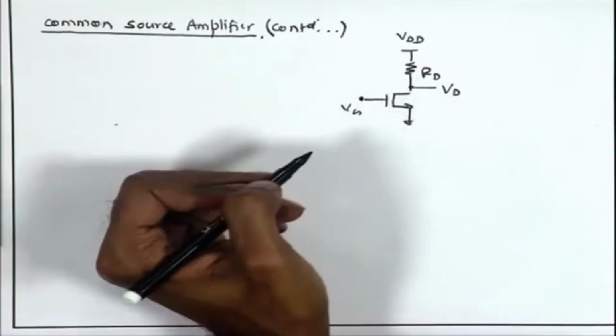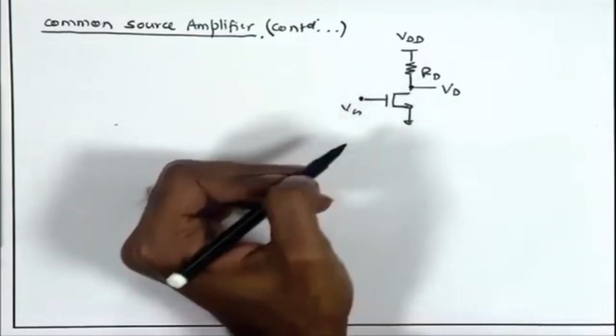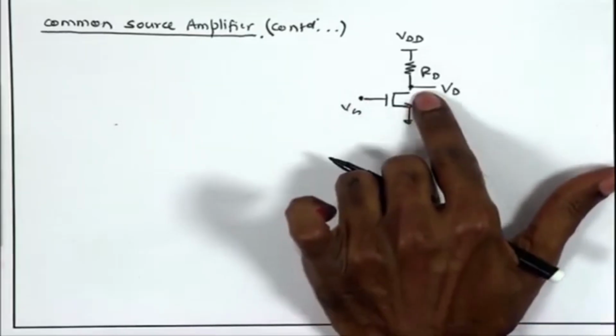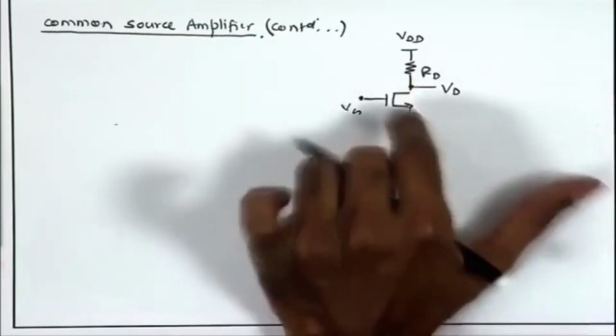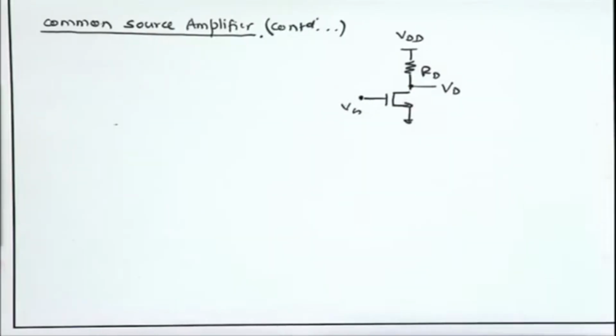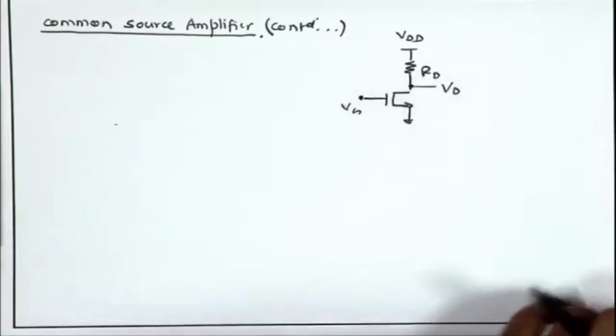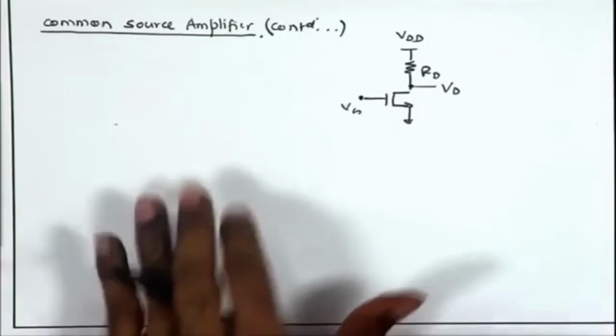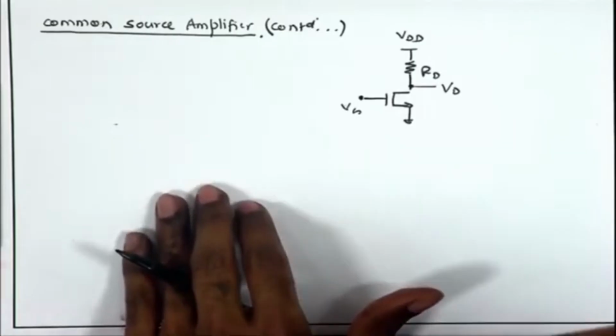For a given Vg, we are going to get a DC operating point, and we wanted to set this Vd to the midpoint of the extreme allowed voltages Vd min and Vd max, and that is how we determine the Rd. That is the first step in the circuit analysis. We are trying to find the DC operating point of the circuit by appropriate analysis.